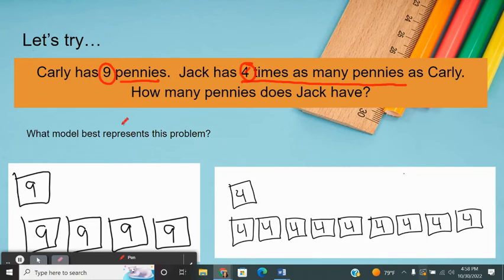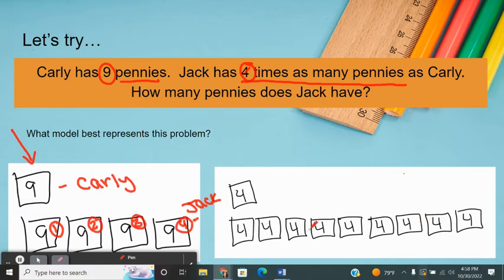So I like to make a model to represent this problem. So what model do you think represents this problem? Take a moment and look at each of these. If you guessed this one, you would be correct, because this one represents that Carly has 9 pennies. Then Jack, this would be Jack, has 4 times as many. So we have 1, 2, 3, 4 times as many.